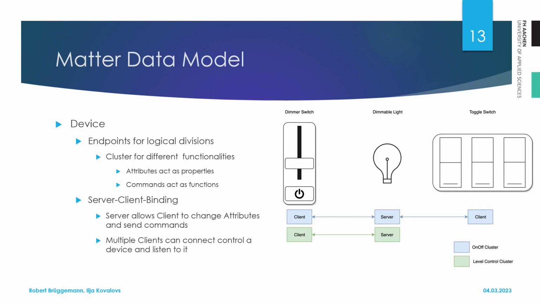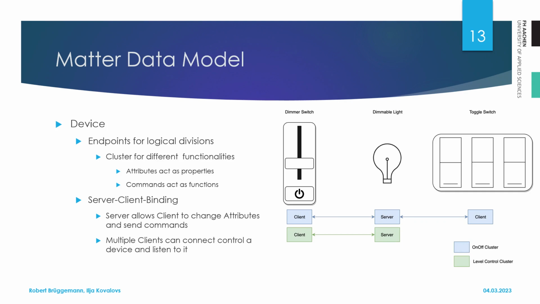The data model is a hierarchical structure which starts at the device and goes down to endpoints, which divide the device in logical divisions. The first endpoint, endpoint 0, contains general information about the device, and the other endpoints contain information about what it is.